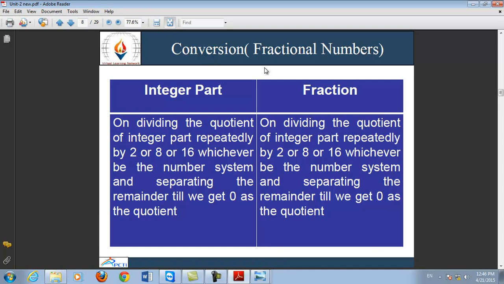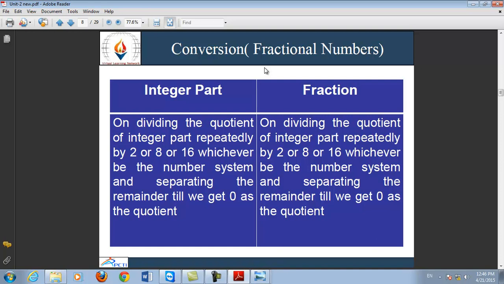For example, if you have the number 23.25, it means 23 is integer part and 25 is fractional part. The number before the decimal is integer part and number after decimal is fractional part.